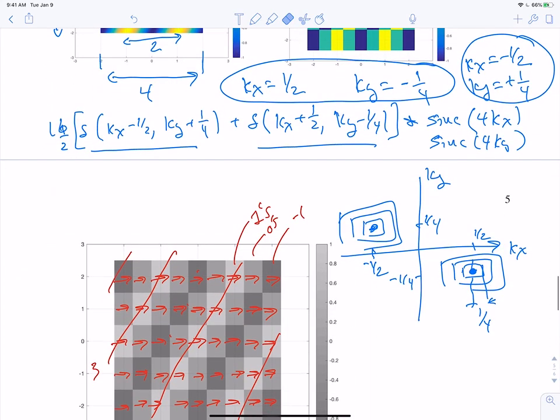So where is this Fourier transform optimized? Yeah, it's optimized at the peak, right? So we could just pick, for example, kx equals 1/2, ky equals -1/4.